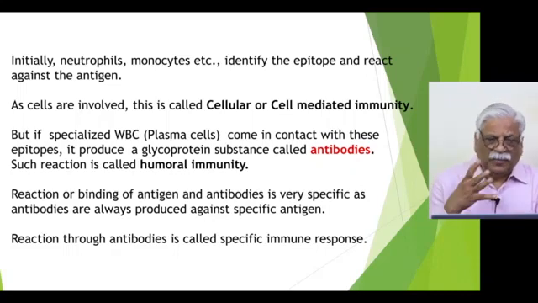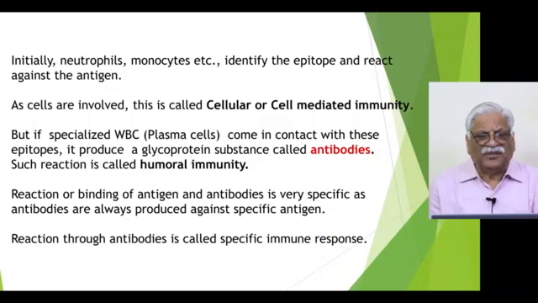If antibodies are produced in the blood which fight against the antigen or non-cell substance, then such a reaction is called humoral immunity. So basically in the immune system, there are two types of reactions: cell-mediated immunity reactions and humoral immunity reactions.